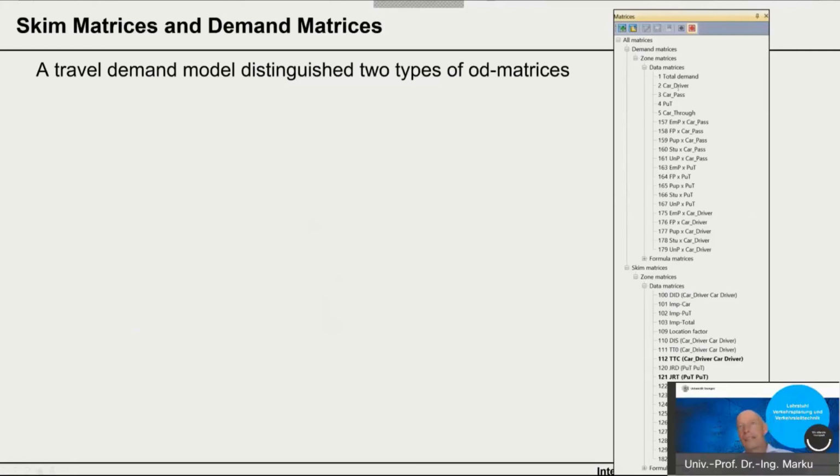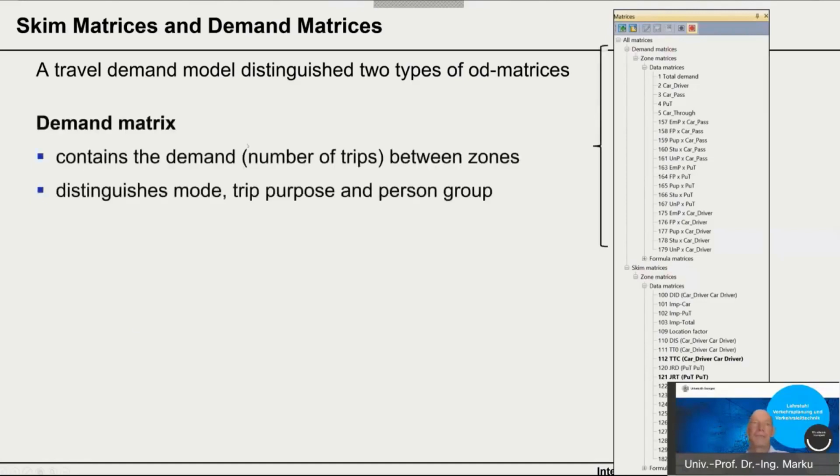And here you see an example how it could look like in a travel demand model. We have demand matrices, and we have something we call skim matrices. A demand matrix is a matrix that contains the travel demand. This is the number of trips between zones.